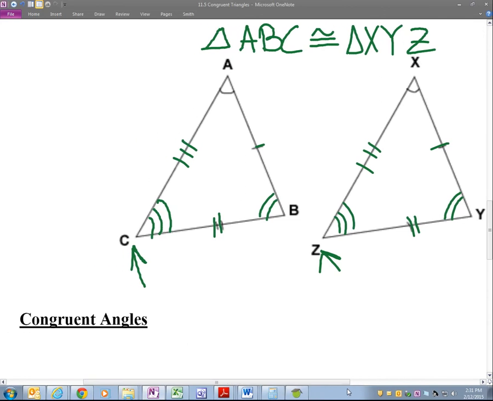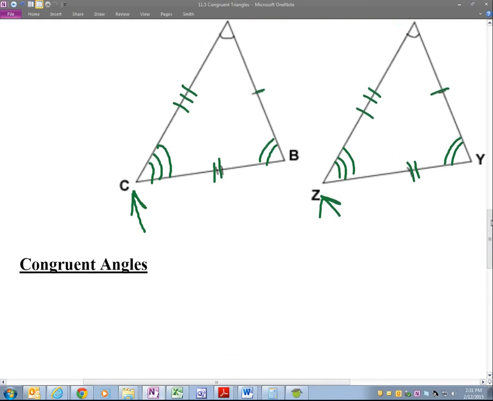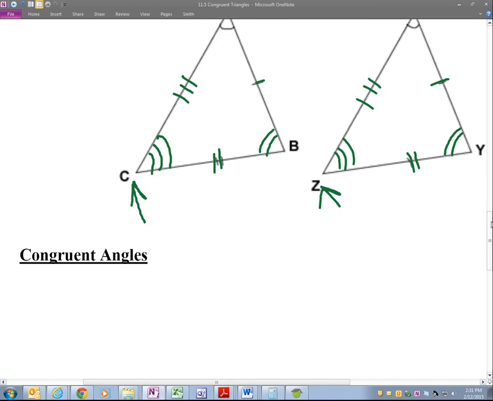Can someone please tell me a congruent side of this triangle? Okay, not a side, a congruent angle, Freddie. Angle C is congruent to angle Z. Is that what you said?